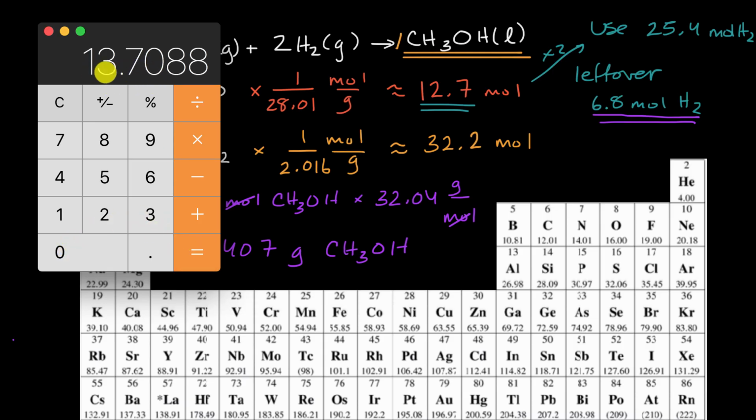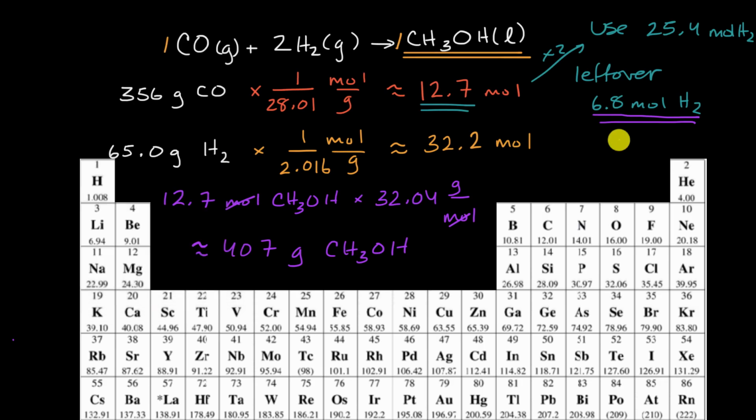And if we were rounding to two significant figures, which I have right over here, that is going to give us approximately 14 grams. Approximately 14 grams of molecular hydrogen is left over. So we used a good bit of it. We used about 51 grams, and we have 14 grams left over. And it was carbon monoxide that was actually the limiting reactant here.